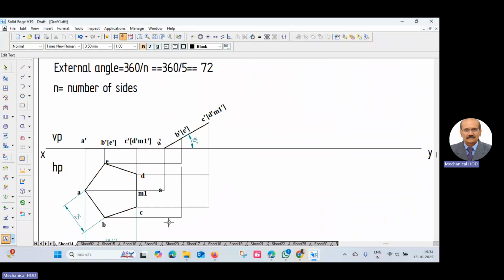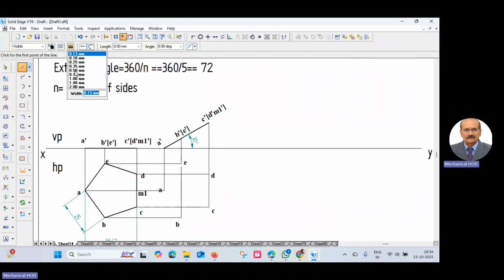This is A, B, C, D, and this is C. Now join A to B, B to C sequentially to get the apparent shape in top view.